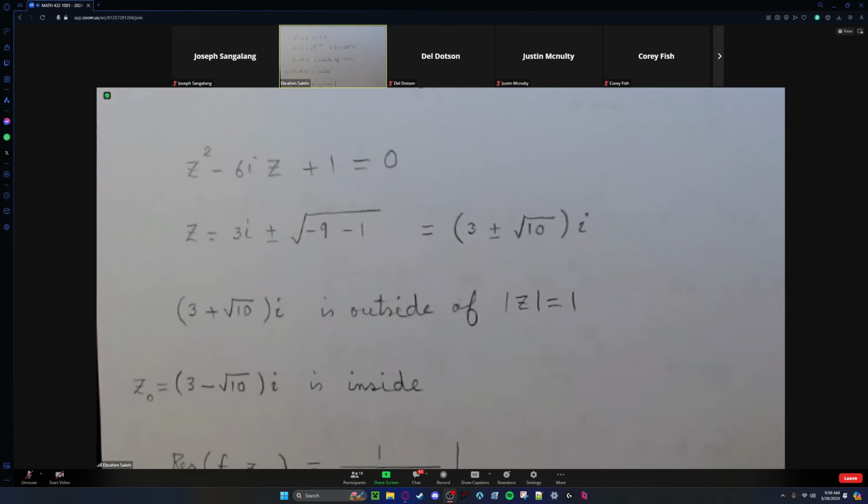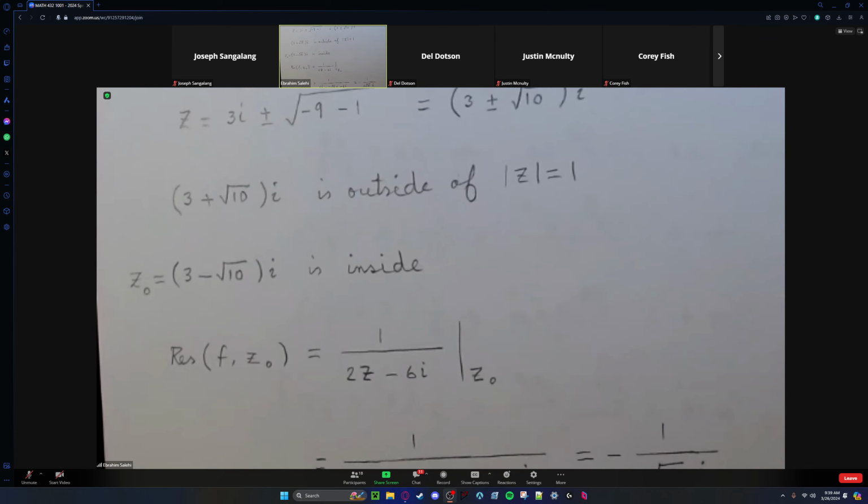So the integral from 0 to 2 pi of d theta over 3 minus sine theta is that negative 2 and another 2 pi, a negative 4 pi i, times this number, which is the residue.